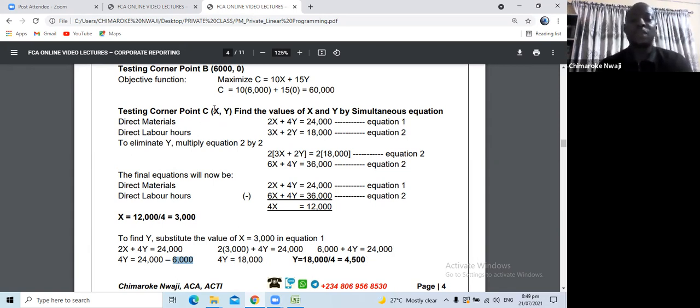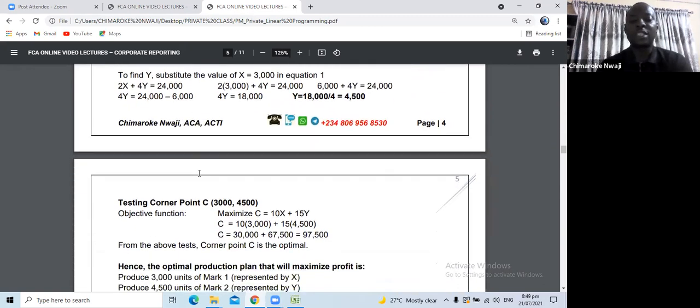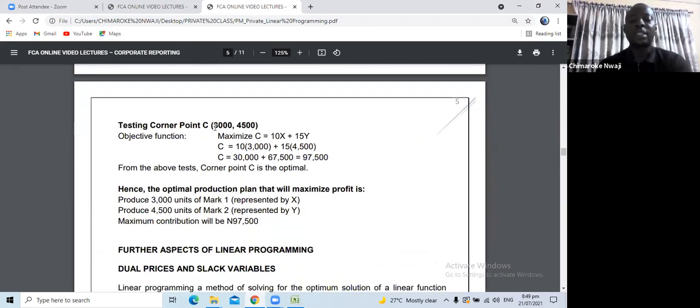Now that we know the value of x and y, we can test the corner of point C. So now we are testing 3,000 and 4,500. So we maximize C. Change x to be 3,000.